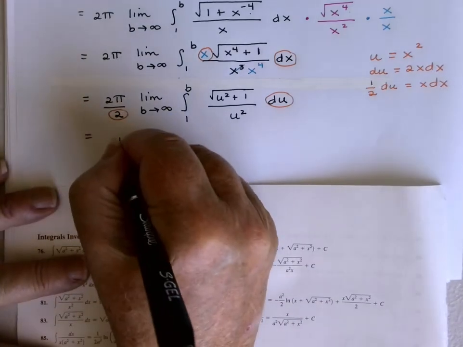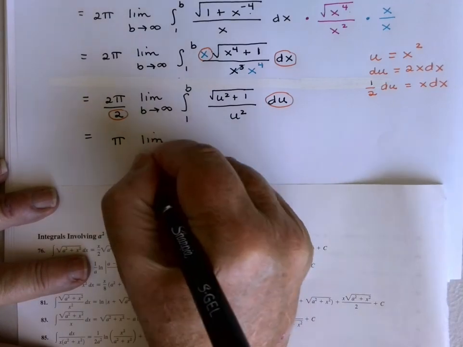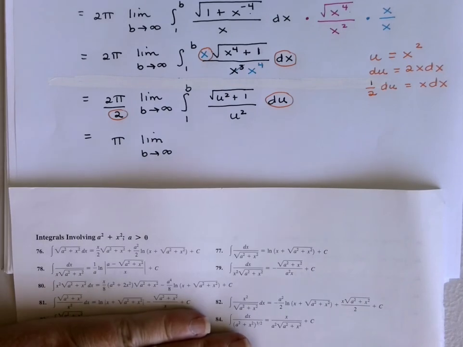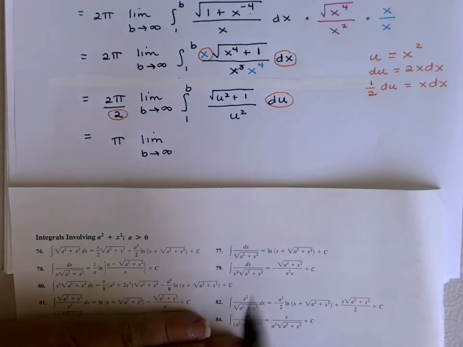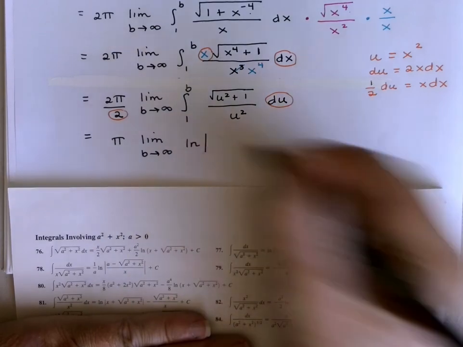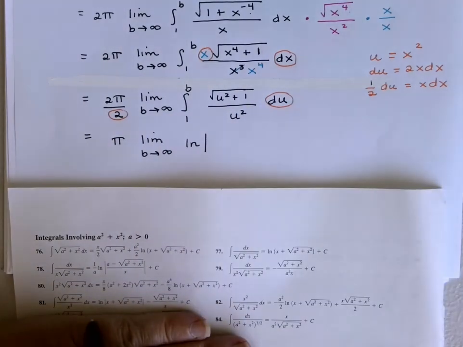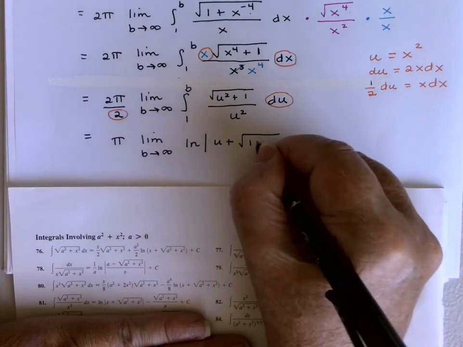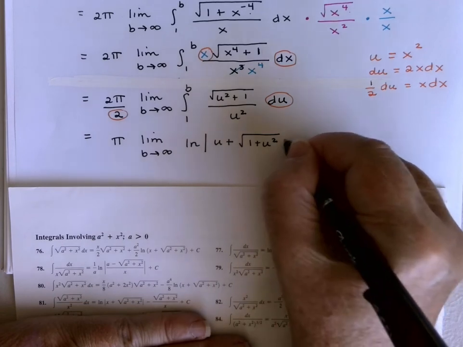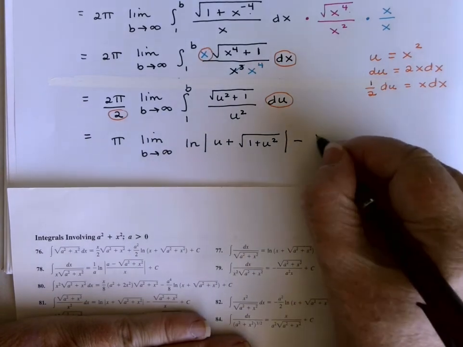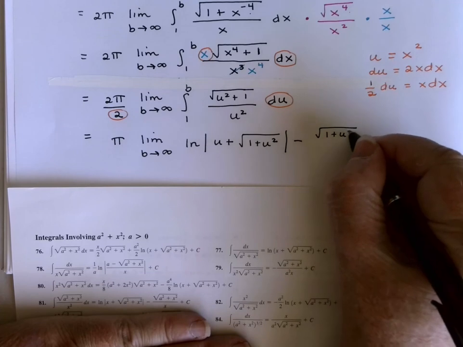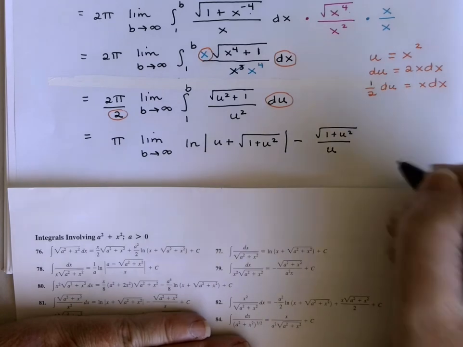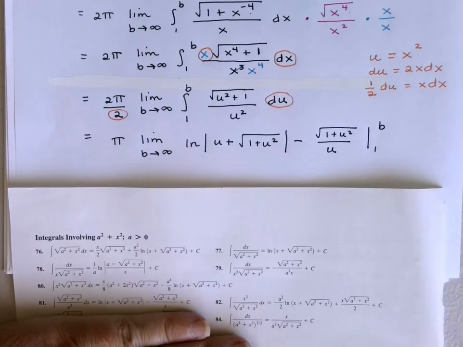I can let those 2's cancel, so I've got pi, limit as b goes to infinity. And then my antiderivative is the natural log of the absolute value of u plus the square root of 1 plus u squared, minus the square root of 1 plus u squared over u, and instead of plus c, I've got my limits of integration from 1 to b.